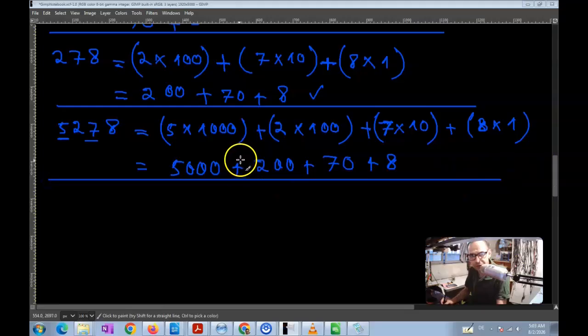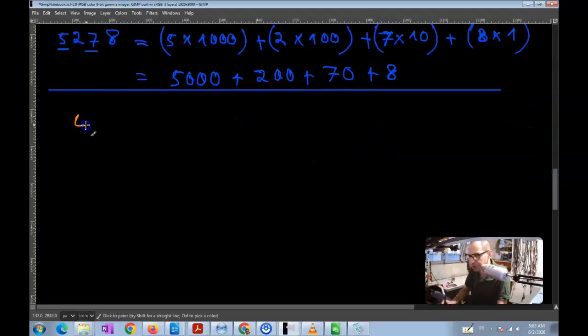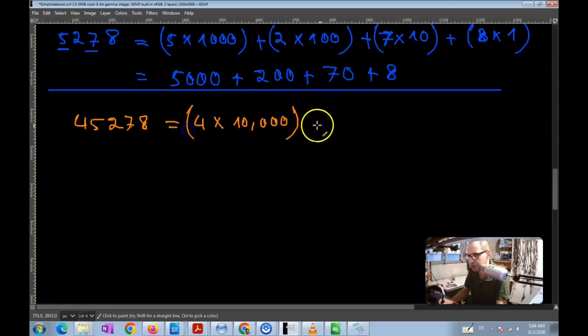So if I have, for example, a 5-digit number like 45,278, and I want to expand this number, that's 1, 10, 100, 1,000, and that's the 10,000 place value. So that's 4 groups of 10,000, right? Then 5 is in the thousands place value, so that's 5 times 1,000. Then 2 is in the hundreds place value, so that's 2 times 100.